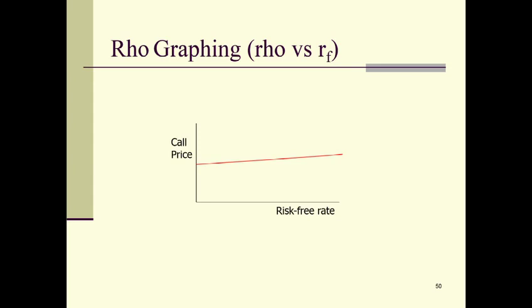It will still be almost horizontal. But would you expect it to also trend up or trend down? You want to give it a go? Trend down. Why trend down? It's not always the other way around.